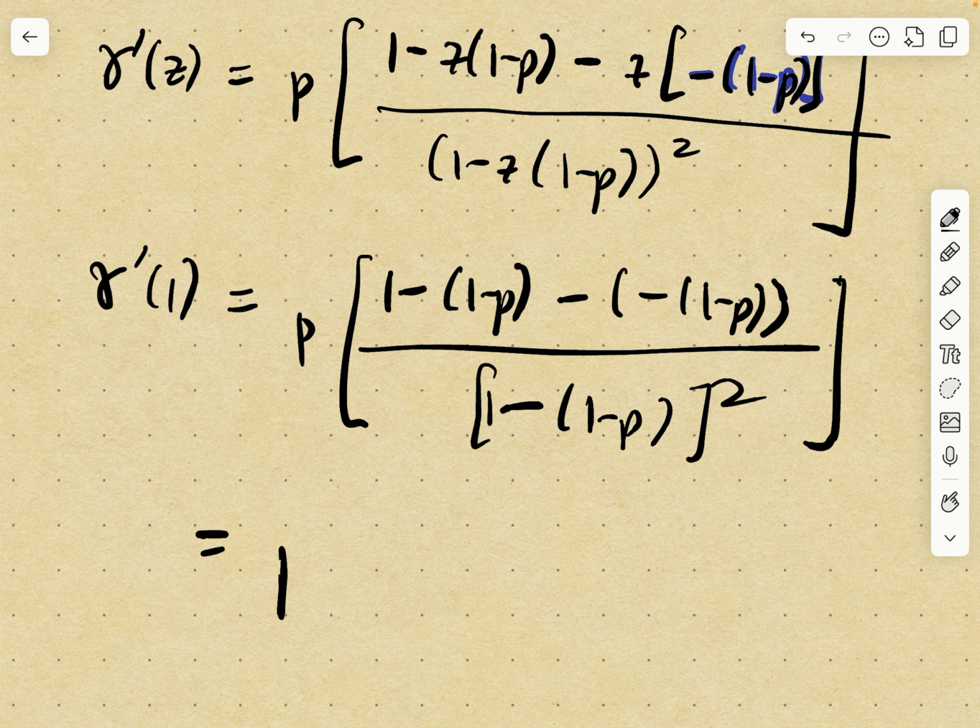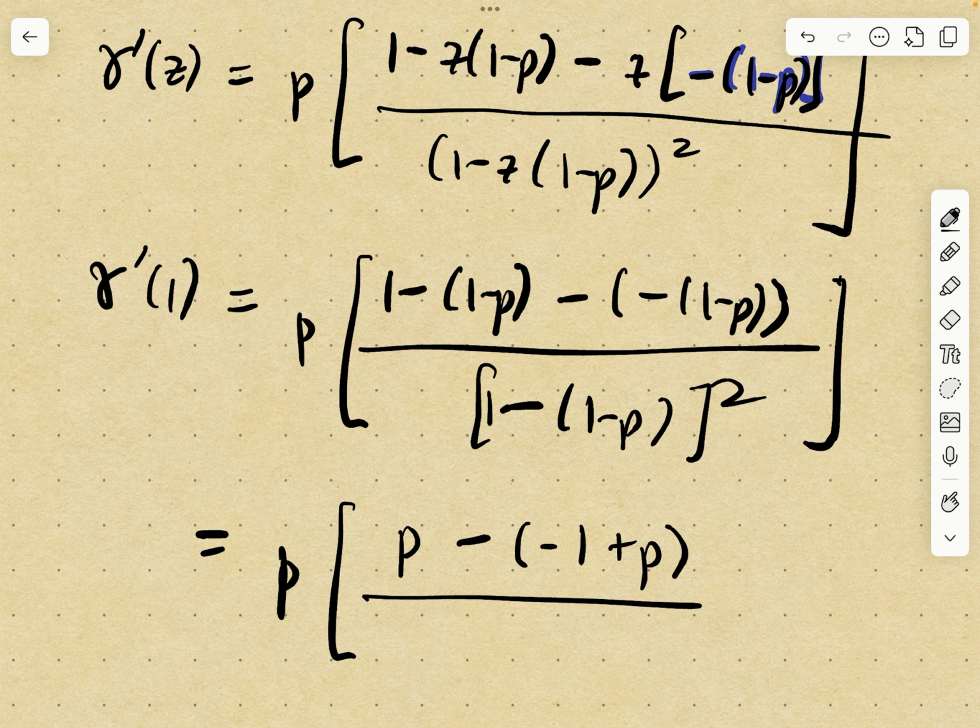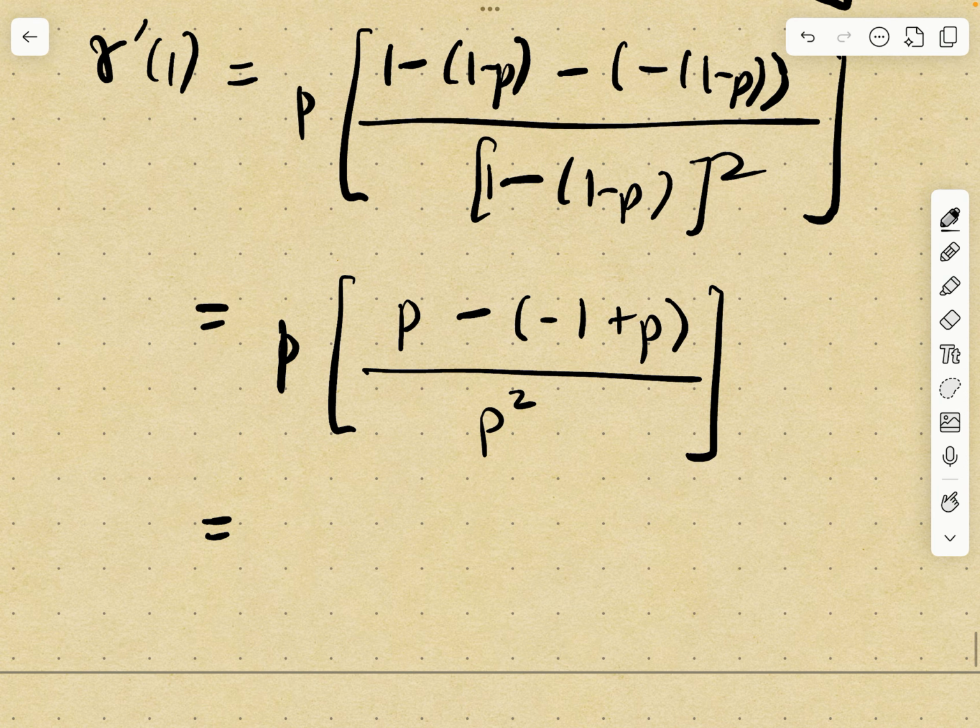And that is going to simplify to p times, you're going to get p minus negative 1 plus p, over p squared. Well, the numerator is going to simplify to p plus 1 minus p. So that's 1. So you have p over p squared, which is 1 over p. So the expectation is 1 over p, which is exactly what you would expect, right?